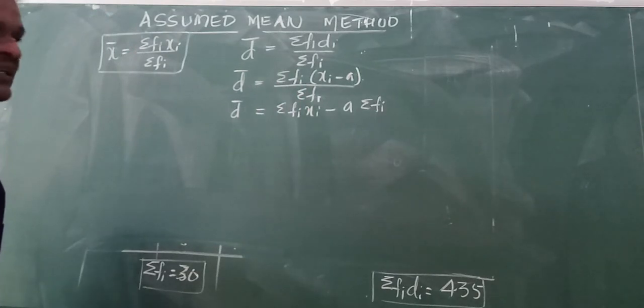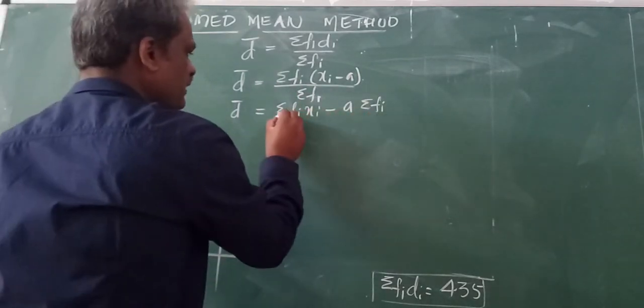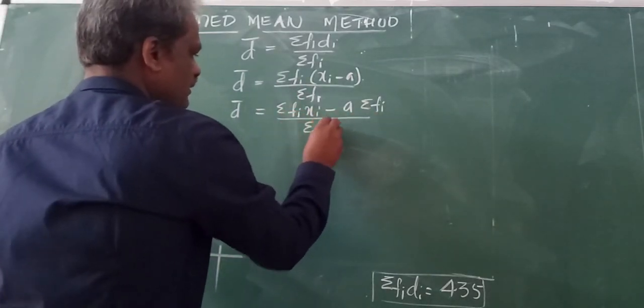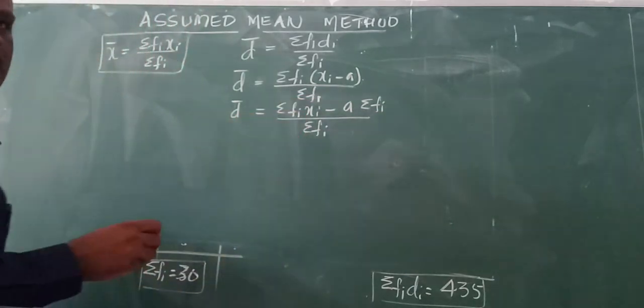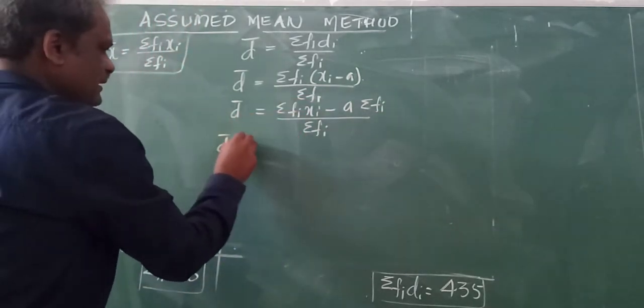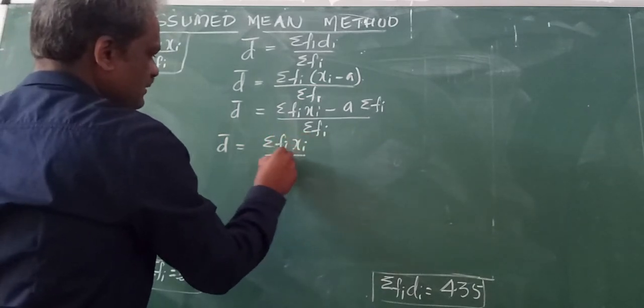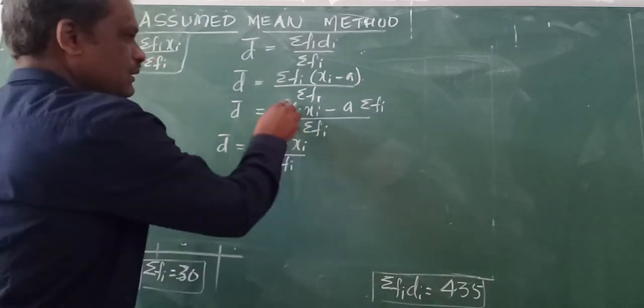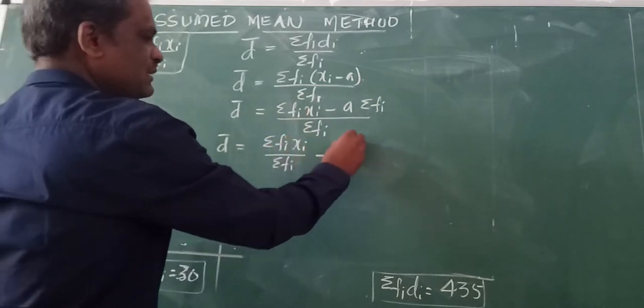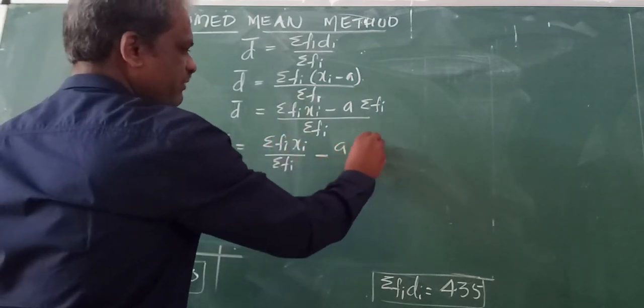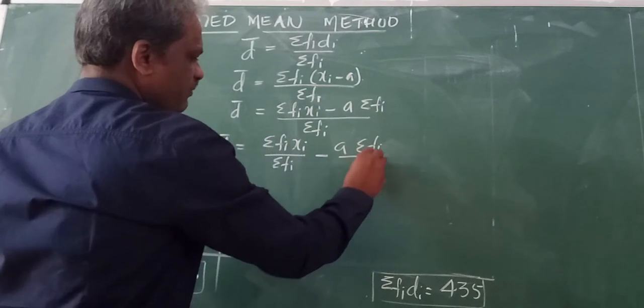Now you can split this: d bar is equal to sigma fi xi divided by sigma fi, minus a into sigma fi divided by sigma fi.